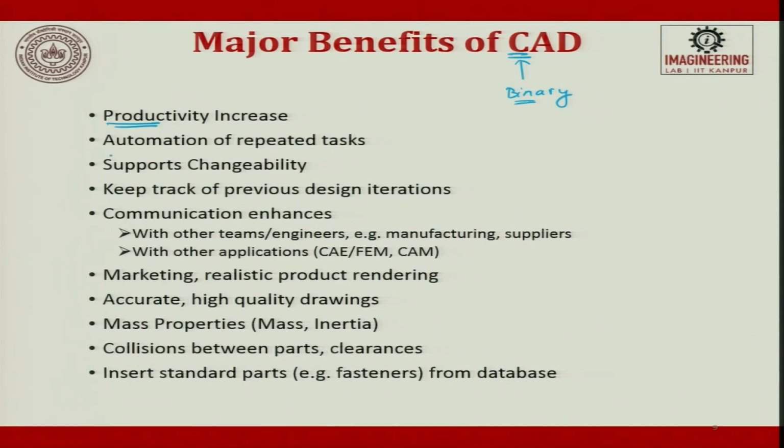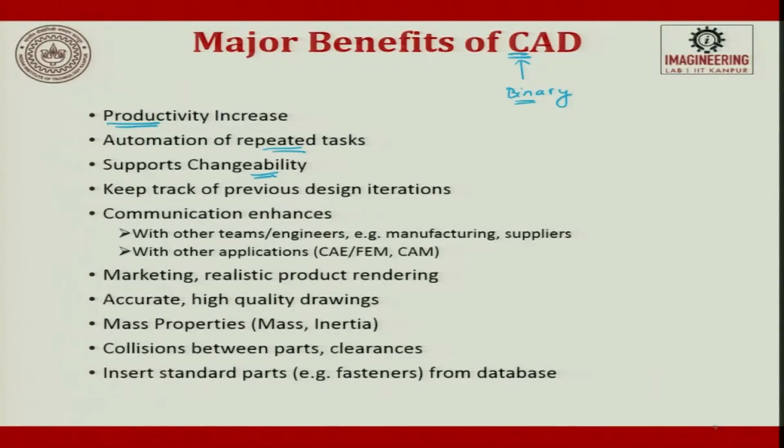Next one is automation of repetitive tasks can be done using CAD. For example, you have already drawn, you have kept it in archive. If you are doing it manually, you have to redraw, but whereas in computer you just click of a button, you pull the drawing once again and start working on it. Support changeability or editing, whatever, to the requirements.